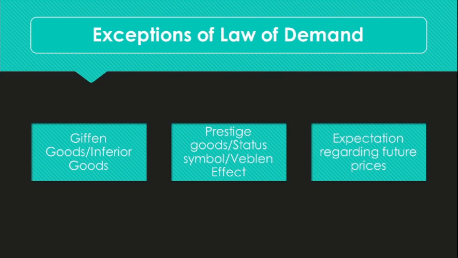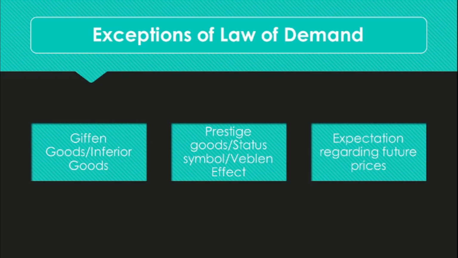The third exception could be what happens when, even if the prices are increasing in the case of normal goods only, the consumer thinks that the price of this product will be even higher in the future.